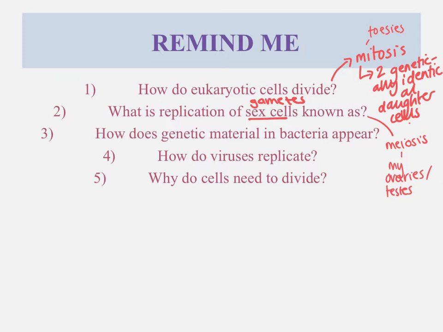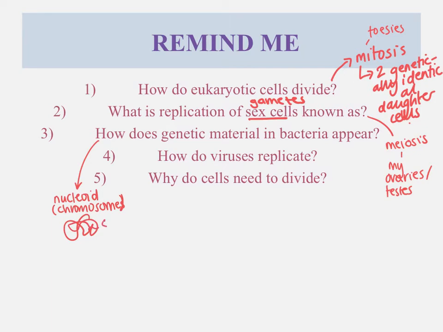Now, genetic material in bacteria appears in one of 2 forms. More often than not, they occur in the cell at the same time as well. You can have a nucleoid, which is sometimes known as a chromosome. And this is normally the biggest part of DNA.